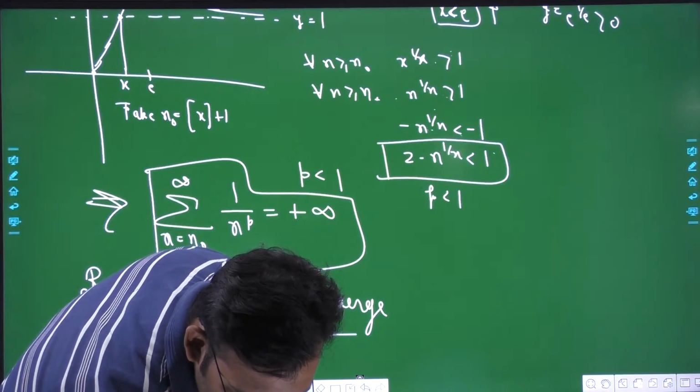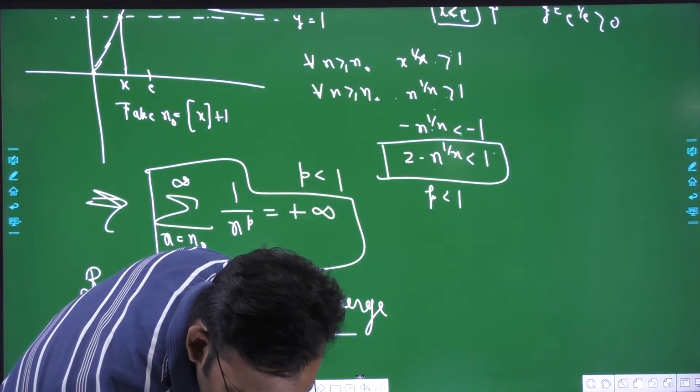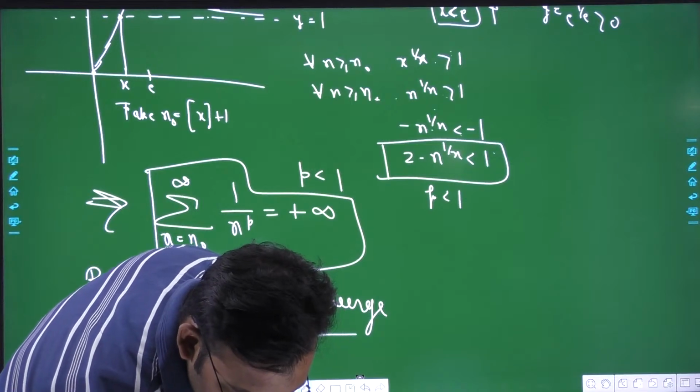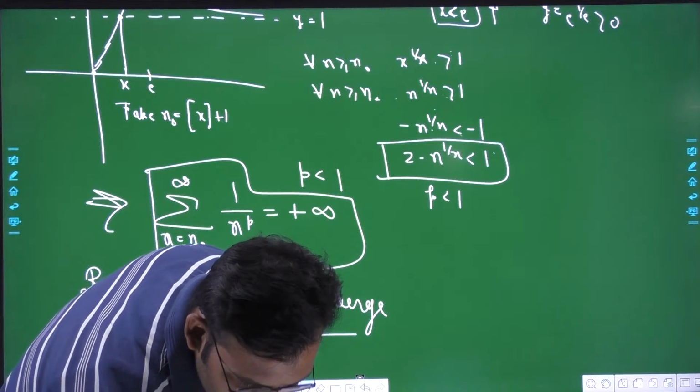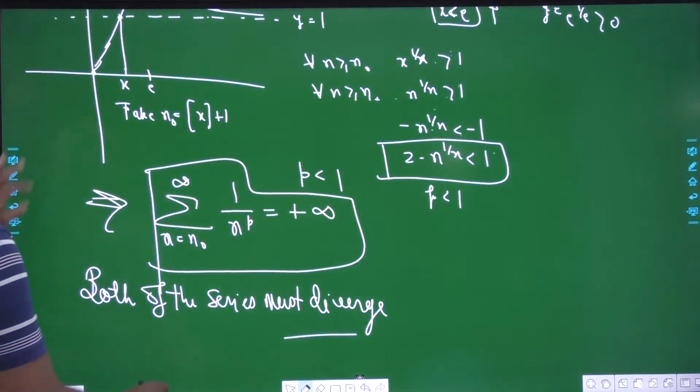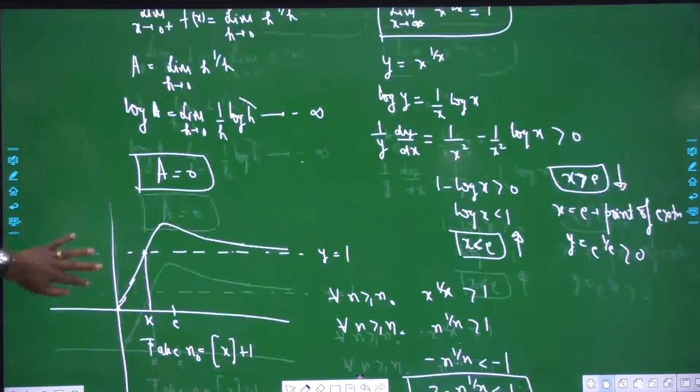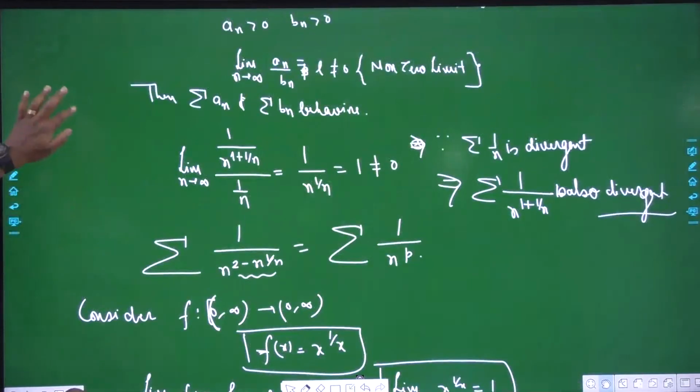Answer is B. This was question number 30. The answer is both of these series diverge. Okay. So question number 30. You can see this particular thing here.